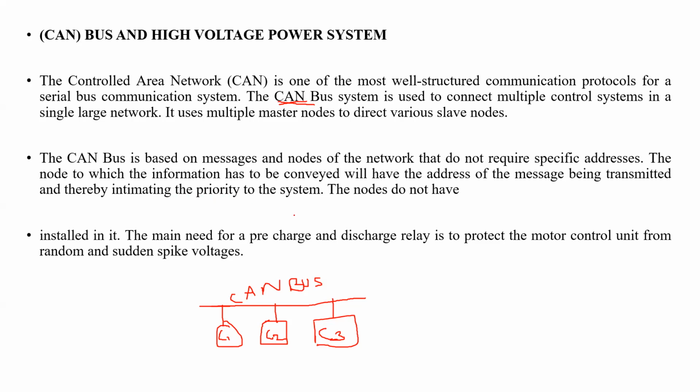So in one sentence we can say, this control area network bus is used as a common bus which monitors all the control systems, all the control parameters, in one network. Okay, that is called the control area network bus.